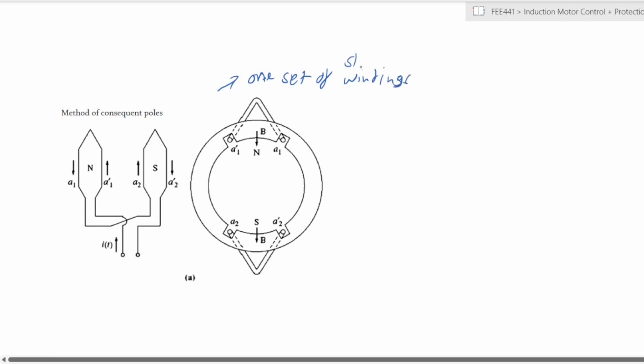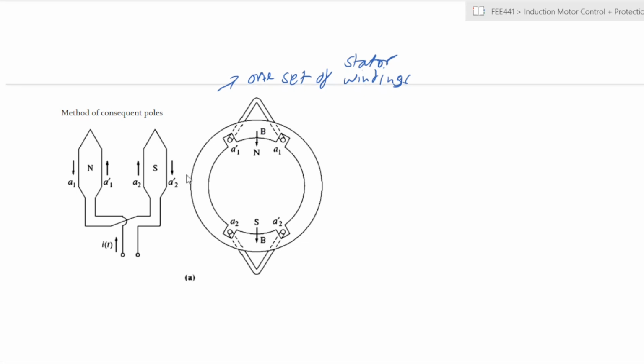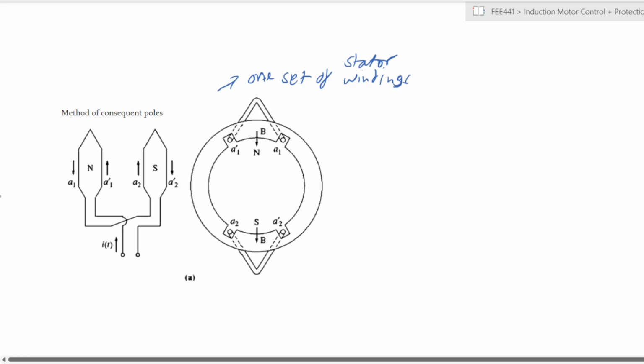Say you have one phase of the stator windings, and you have a number of windings that look like that. The coils are configured in that way, such that they are on one side of the stator against the opposite side of the stator.